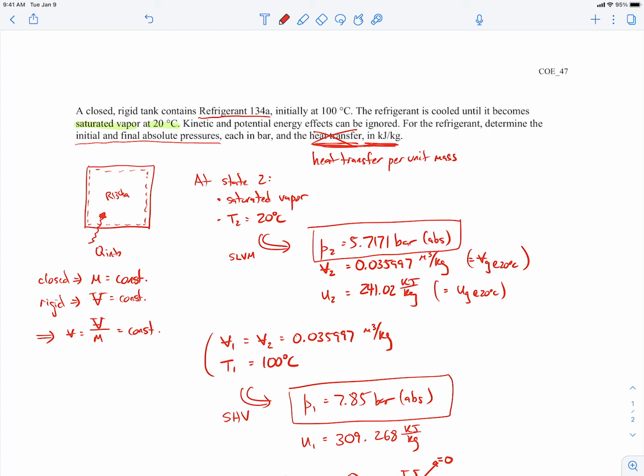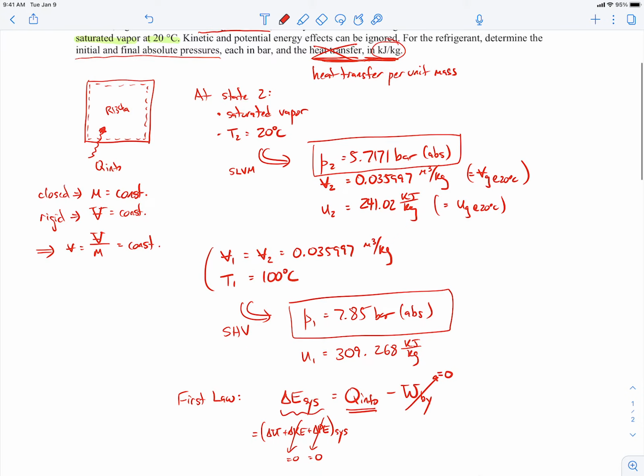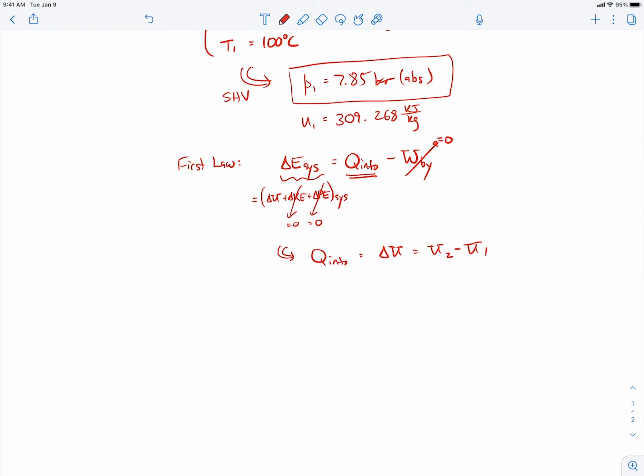So what I'm really trying to find here is the Q into per unit mass. That will be equal to the little u at state 2 minus the little u at 1. It's just taking the internal energy and turning it into the specific internal energy because I'm dividing through by the mass. Just remember that internal energy is mass times specific internal energy.